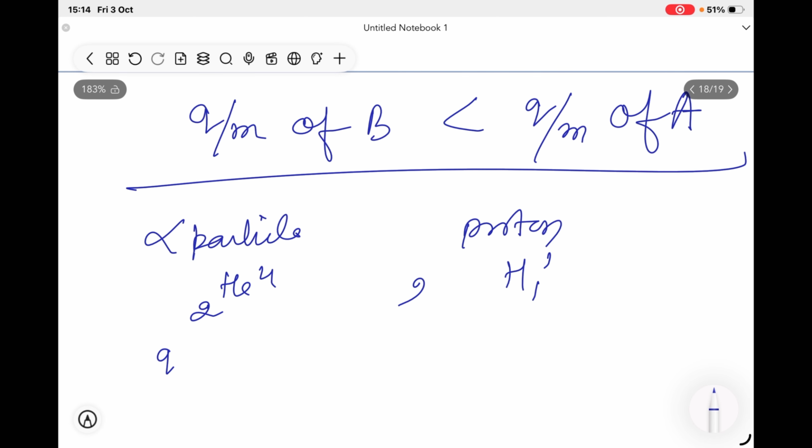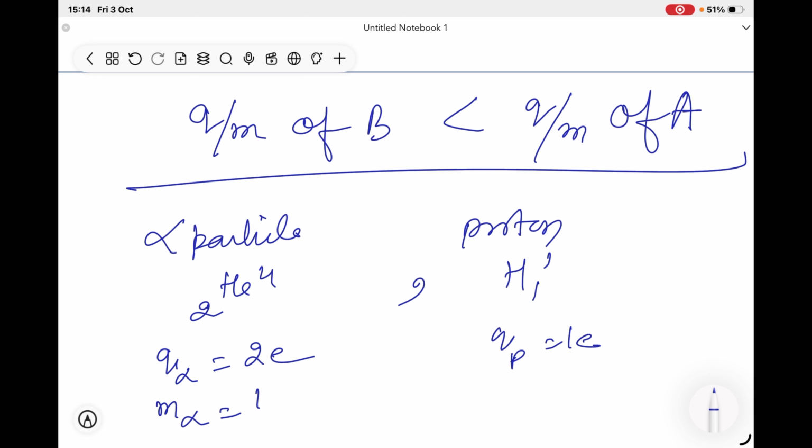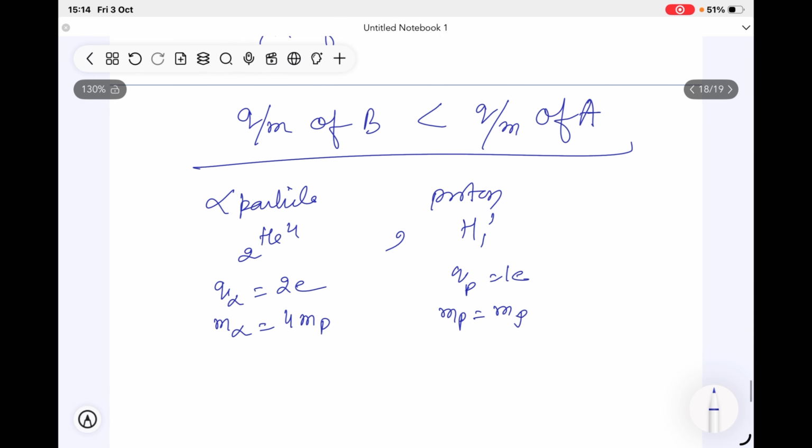Okay. So you can pick here charge of alpha as 2e, charge of proton as 1e, mass of alpha as 4 mp and mass of proton as mass of proton. And Q by M निकाल लीजिए. Q alpha by M alpha, it's 2e by 4 mp.